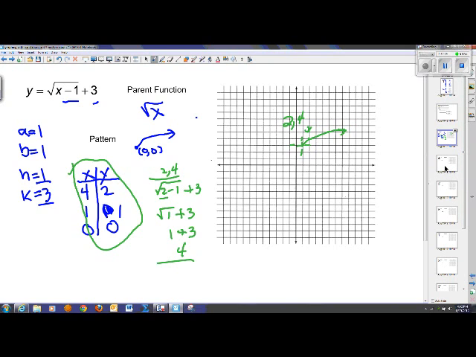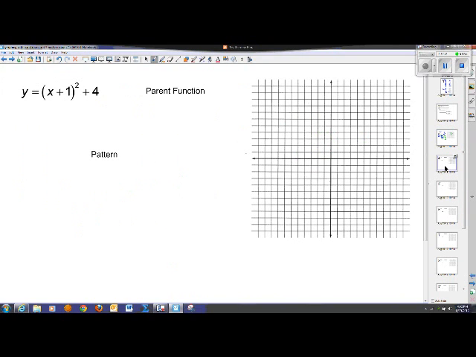Let's move on to our next graph. The parent function in this case is x squared. And we know x squared has patterns that look very similar to (0, 0), (1, 1), (2, 4), (-1, 1), (-2, 4).